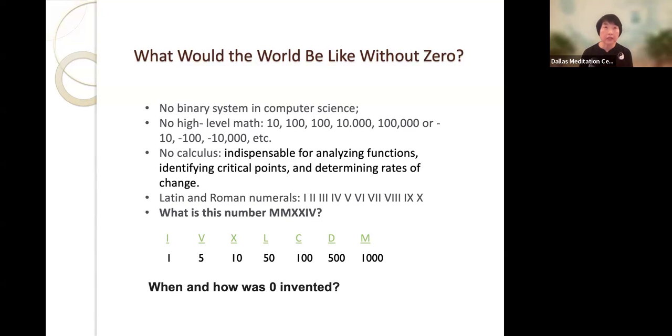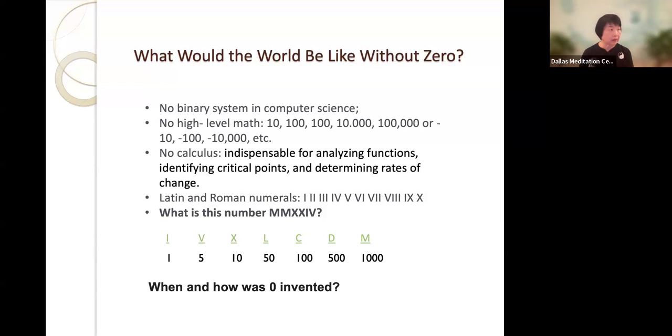Before the discovery or invention of 0, in the West, Greeks and Romans, what kind of numerals were they using? As you can see, like in an old clock, we have I, V, 5, X, 10, L, 50, C, 100, D is 500, M, 1000.